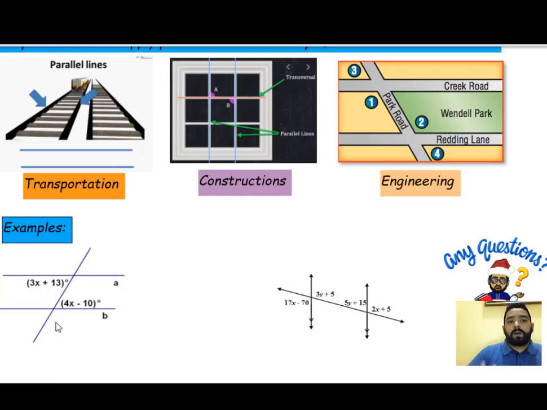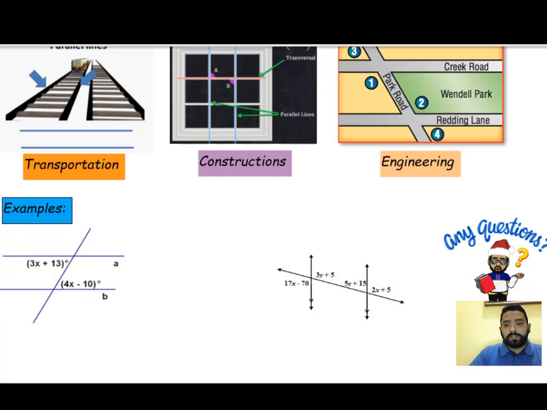In this case, our objective is to identify the value of the variable, and with this value, we are going to identify the value of the angle. Remember, these are called angles because we have the vertex here: this is an angle, this is another angle, this is an angle, and an angle. So these are parallel lines and their relationships.